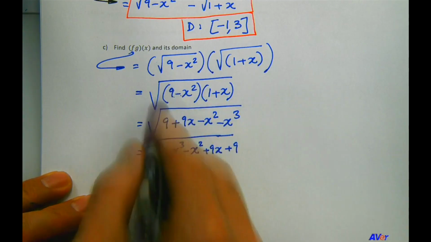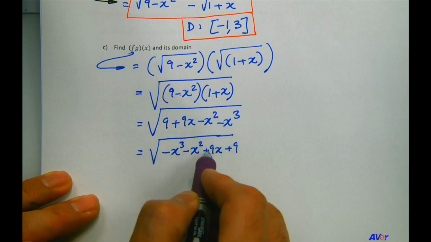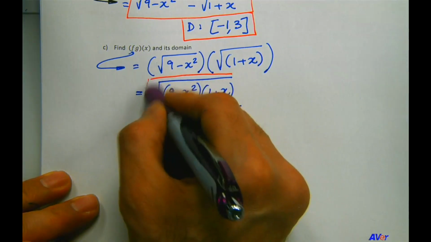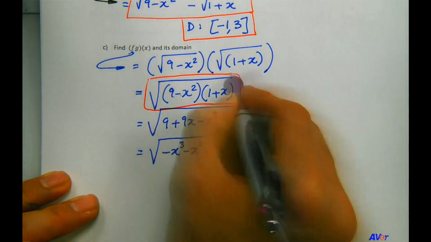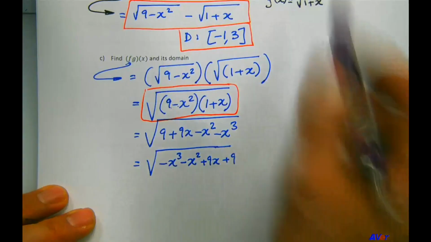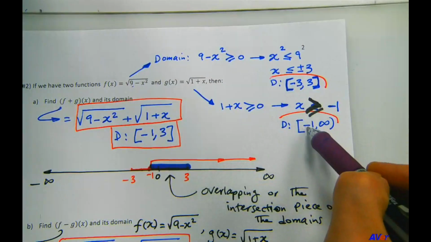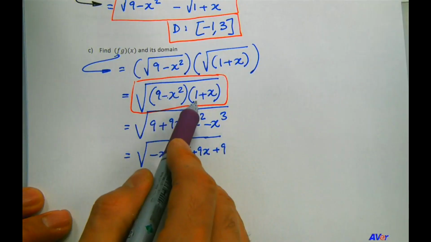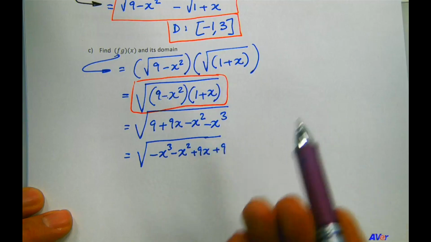So you could do this, it's okay, but to find the domain of the combined function, we already know what the individual domains are, which is what we found here. Now we need to find the domain of the combined function, and the factored form would make it easier for us to do that.